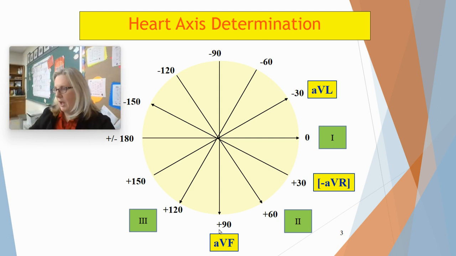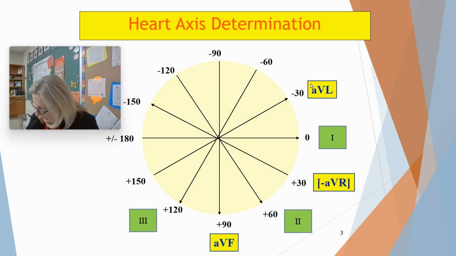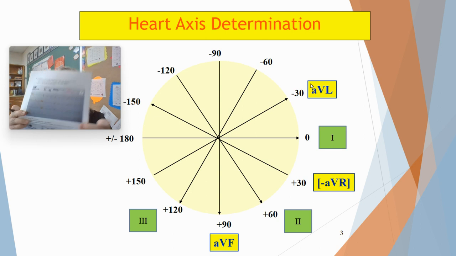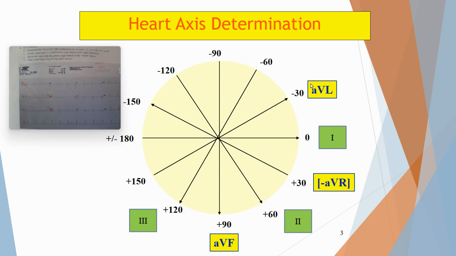And then lead 2, we already know this one. Lead 2's opposite, 90 degrees away, is AVL, which is right next to it. So 2 and AVL are always opposites. That's what it should look like next. 2 and AVL are opposites because they're 90 degrees away on the wheel.